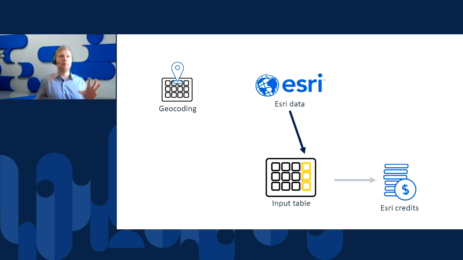Something to keep in mind is that when you send a request to Esri to perform this geocoding, it costs Esri credits. Each time you submit a request, SAS is going to tell you how many credits that particular request will cost to complete. And it's not necessarily a one-to-one credit to dollar relationship.